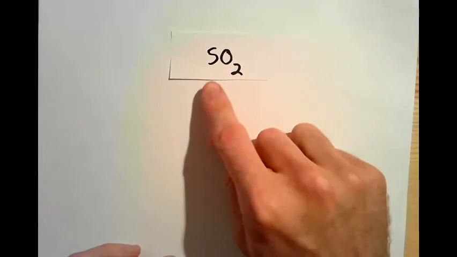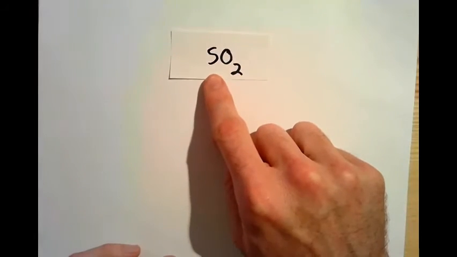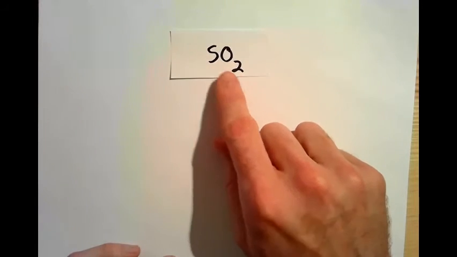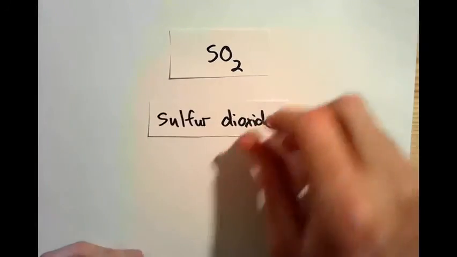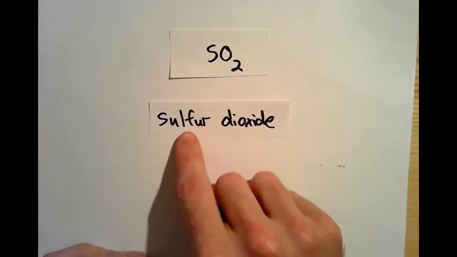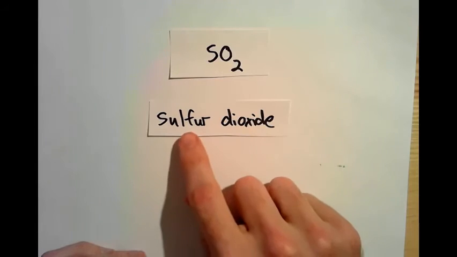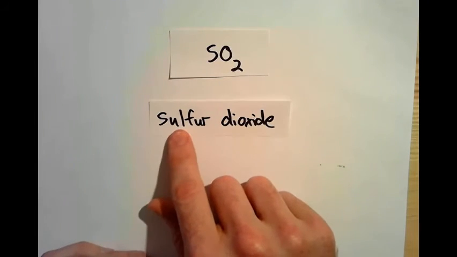You may run into a situation where the first one does not have a number, or it only has one, like this one. It has 1 sulfur and 2 oxygens. So if it's the first one, I just don't do anything to it. I just leave it as sulfur, without any Greek prefix at all.